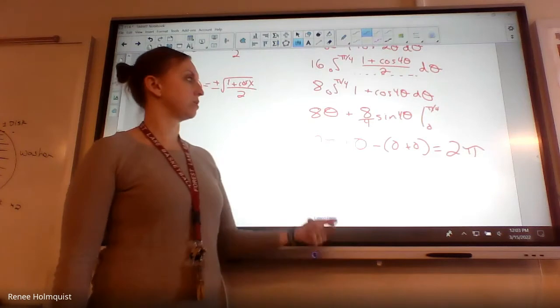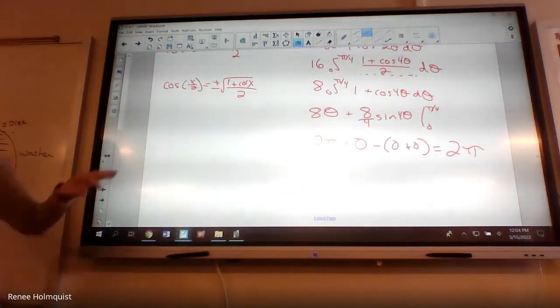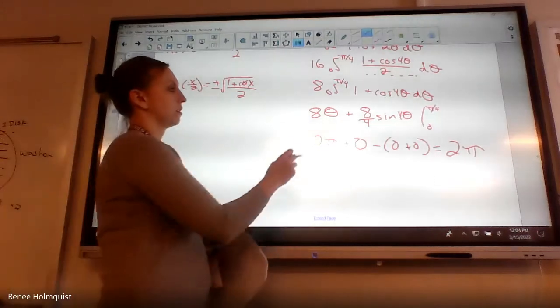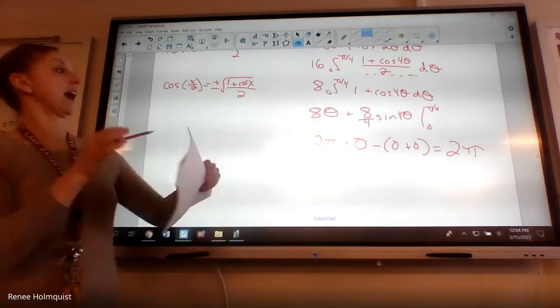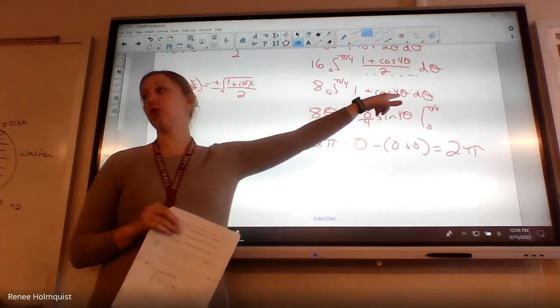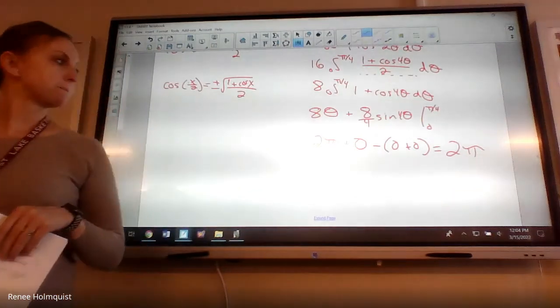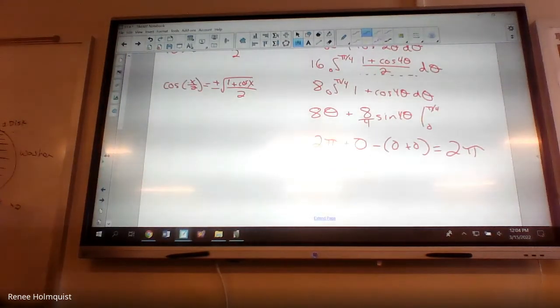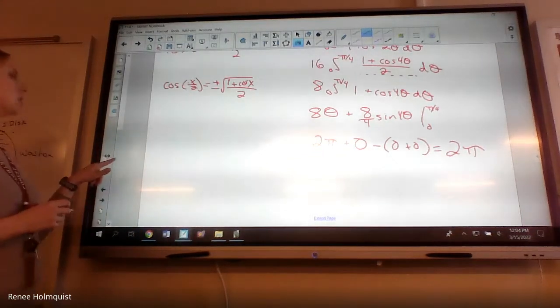And then 8 times 0, sine of 0, is 0. When we went back to the antiderivative, we just pulled out the 1/4. Your u substitution would have been u equals 4 theta, then you would have had a 1/4, and so on.